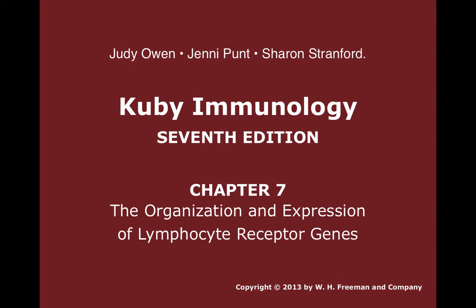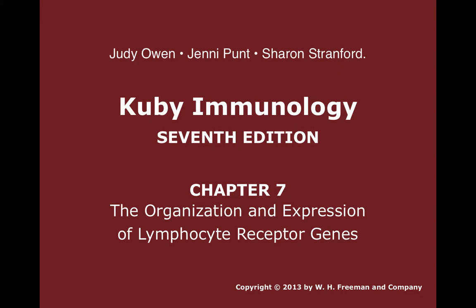And then there's two researchers, Susumu Tonegawa is one of them, and the other guy's name was Hozumi. So Hozumi and Tonegawa won Nobel Prizes and learned a lot about this process, and that's what they're famous for.